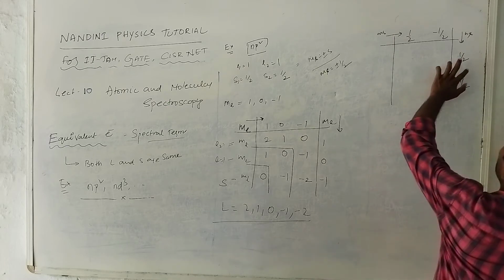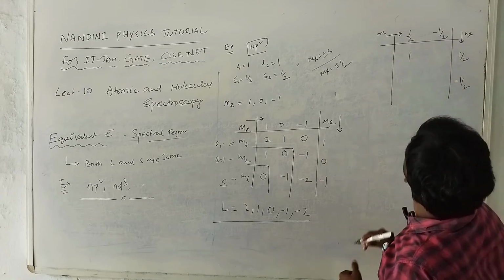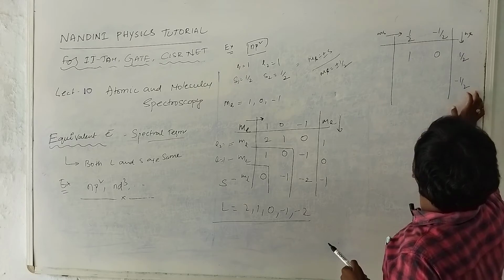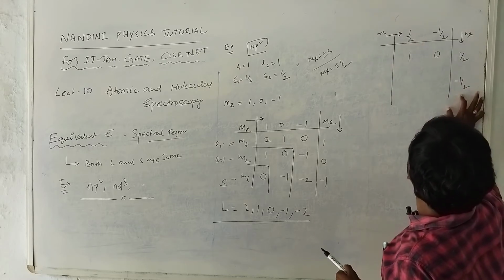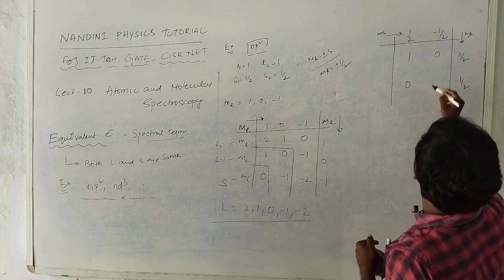So simply add: 1 plus half, half minus half is 0, half minus half plus half is 0, and minus half is minus 1.